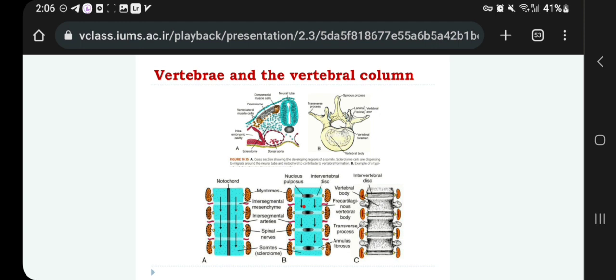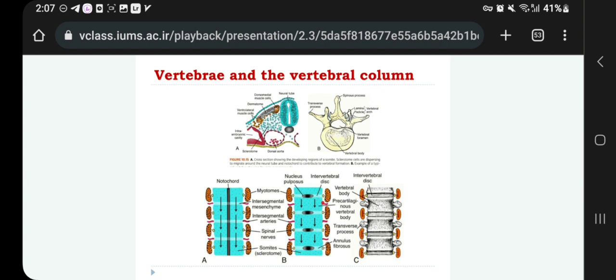With the resegmentation, we have a vertebra, and you can see the change in the site of the muscle, because here the muscle bridges between the two vertebrae, and now it can move the vertebra. And here you can see they change the site of the nerve and vertebra.